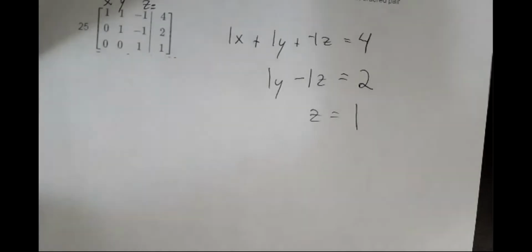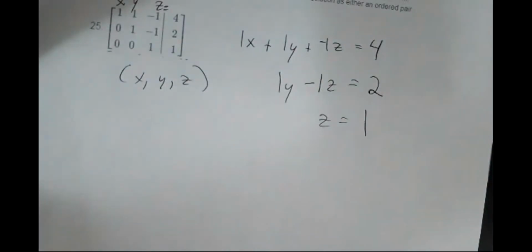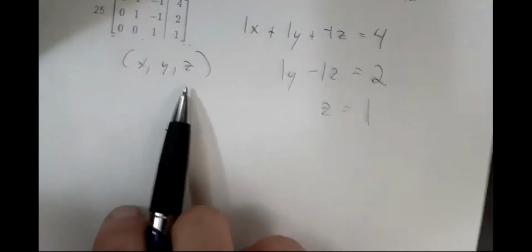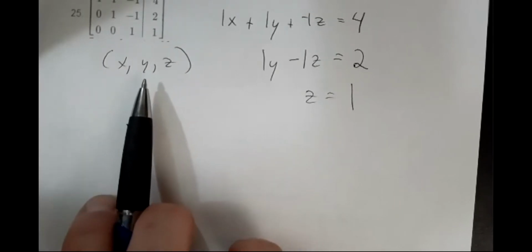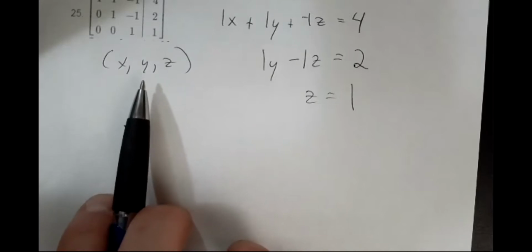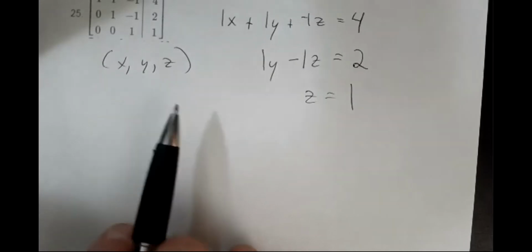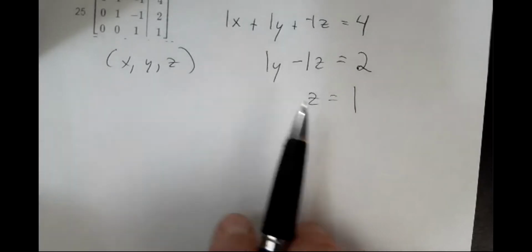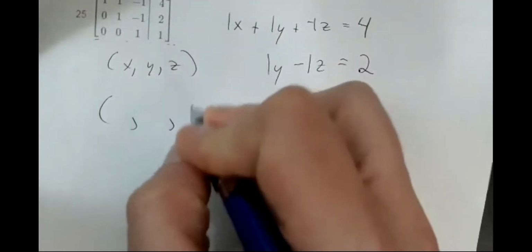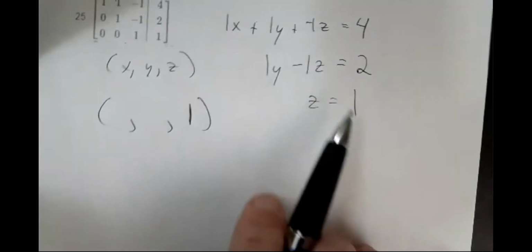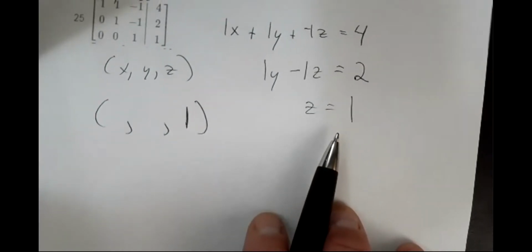Yeah, I'm here. So I'm looking for this ordered triple x, y, z, right? I know that z is 1, so I have a number for z. How do I get a number for y? We can plug z equals 1 into the second equation.